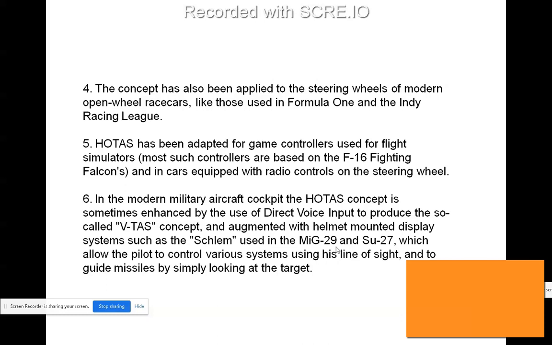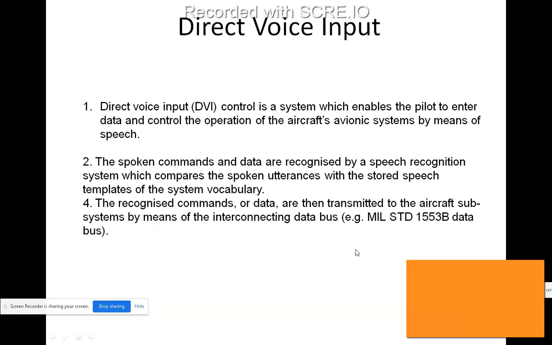They will also be using a direct voice input system, that is, by hearing the voice signal they will be controlling or operating the cockpit system in the aircraft. So next we are going to see the direct voice input.